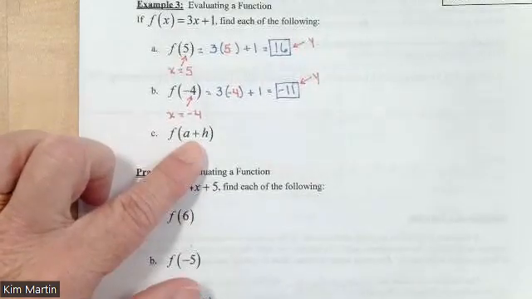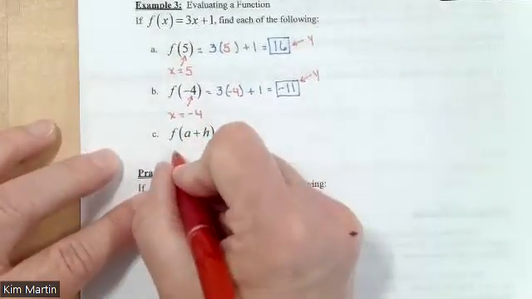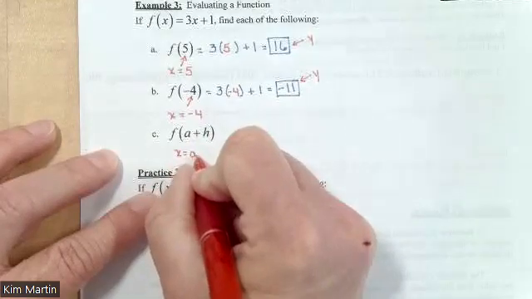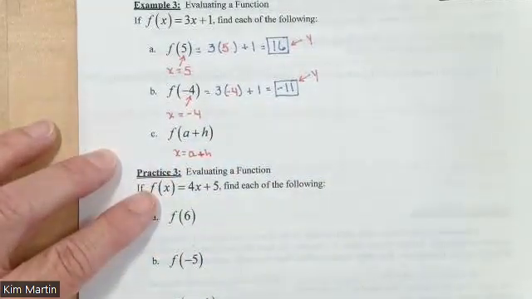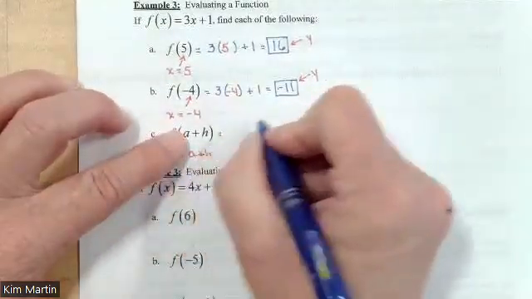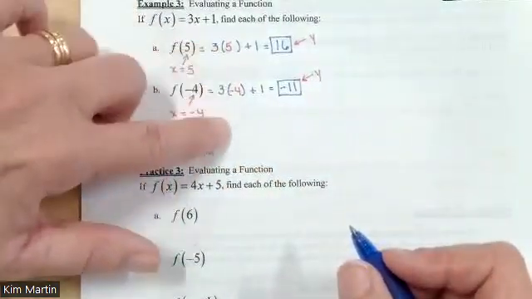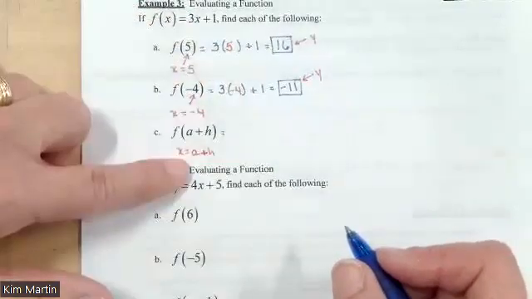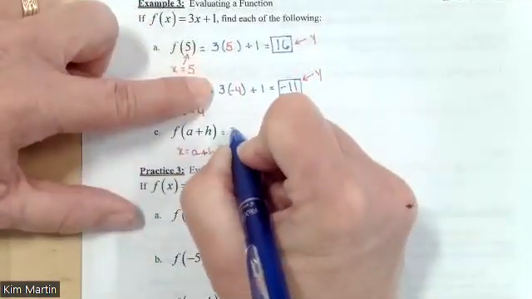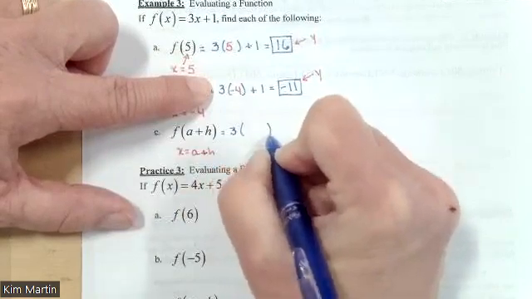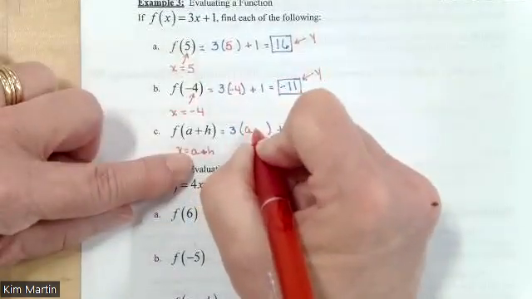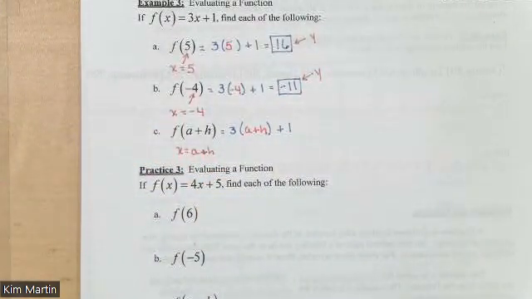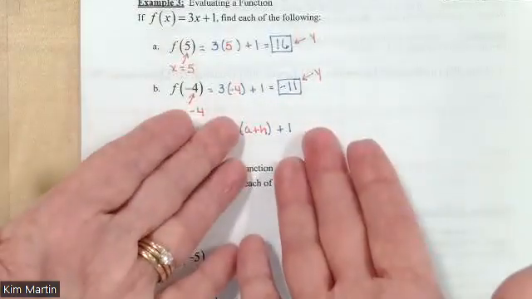It gets harder. But what this is telling you is that X is now A plus H. Is that our input or our output? Input. If these were numbers and you plugged them in, it's the same thing here. You still take your 3 and put your input into it, which is A plus H. Now your Y is going to be the answer to this.